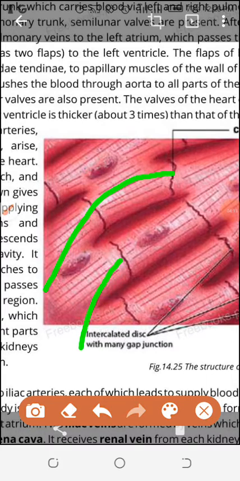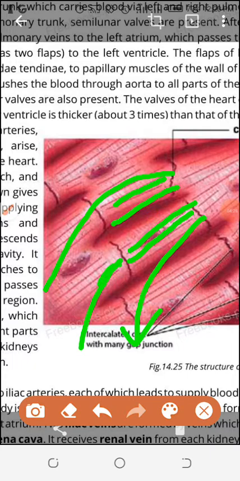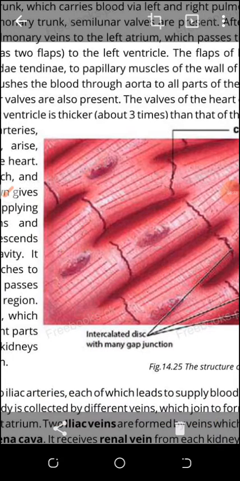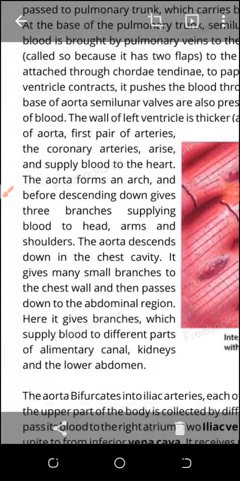I am not highlighting these bands because they are present in skeletal muscles also; skeletal muscles have bands, cardiac muscles also have bands, but the extra thing present in the cardiac muscle is these intercalated discs. That is the same point which I discussed in class.